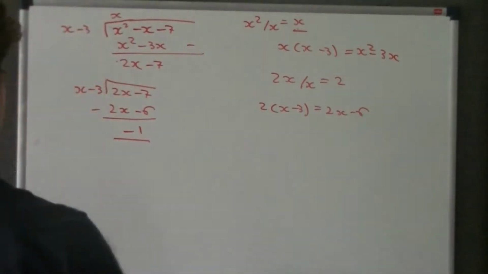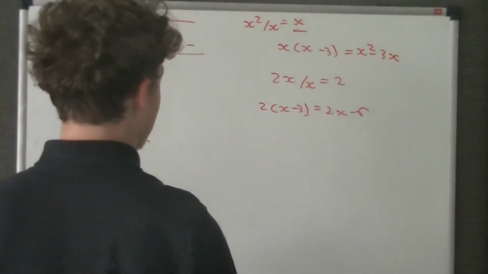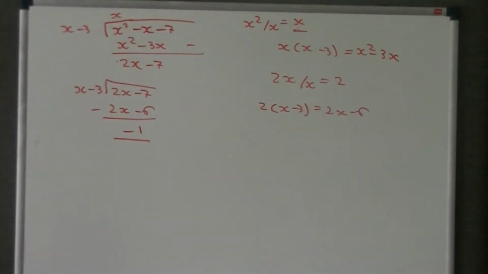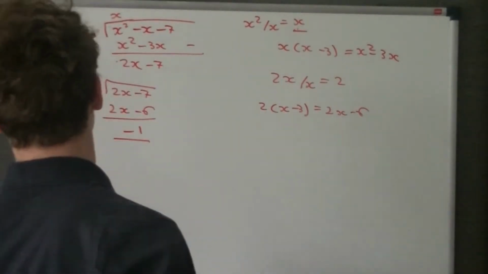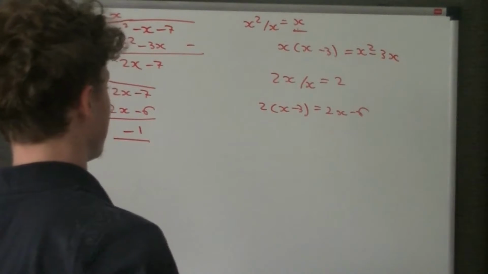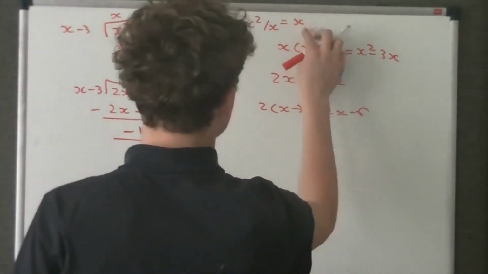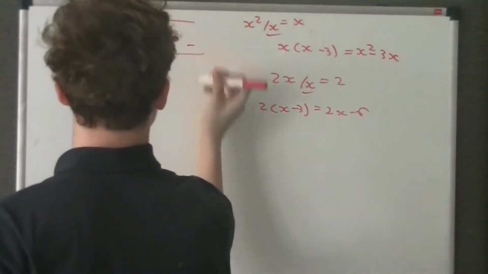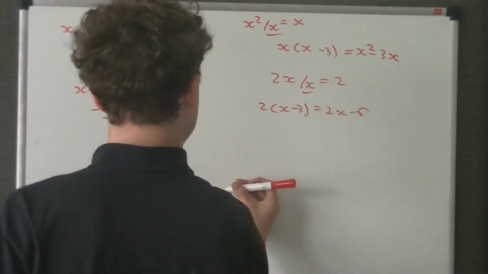So our quotient up here is, we divided by x first, and then divided by x again, so it should be x plus 2.